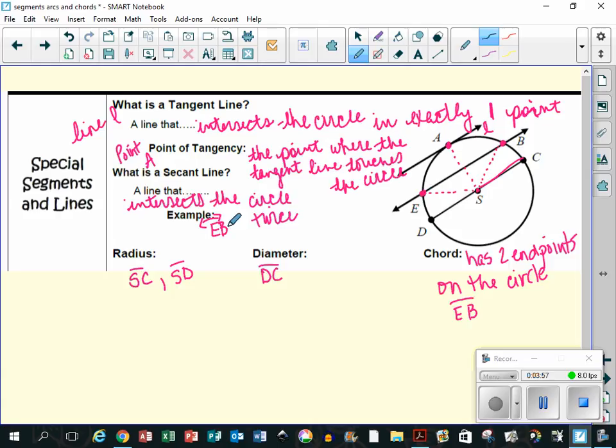Line EB is a secant line. Segment EB is a chord. DC is a chord. So the diameter is a chord, but not all chords are diameters. It has to touch the circle in 2 places. If I wanted, I could create a chord over here. We could call this XY. XY would be a chord, as long as it's touching the circle twice.